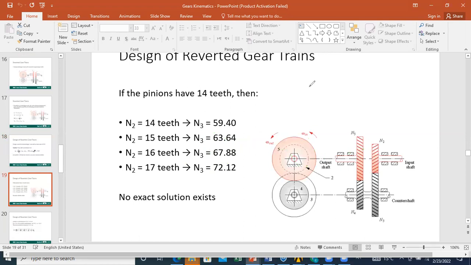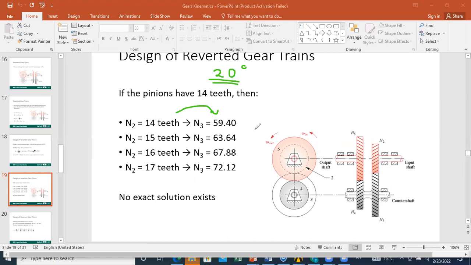If they don't mention the pressure angle, use 20 degrees, because this is the most common angle used, unless they tell you, for example, that the application is low power transmission, so you can go up to 25 degrees. Here I can do some trials, 14, 15, 16, 17, whatever is N2. With this ratio, I will always get N3 as a decimal number, so I cannot get an exact solution.